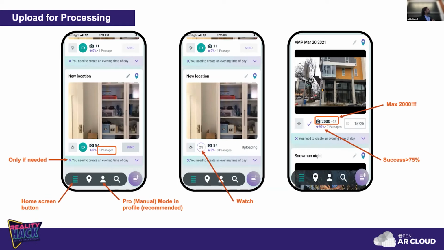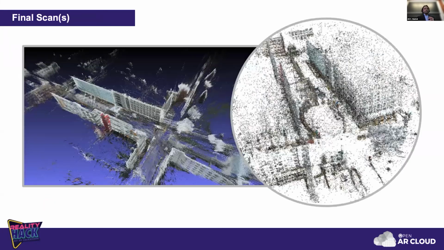You should not be going over a maximum of 2000, and as soon as you upload, you see the success level. If it is less than 75, that's not going to be good, so you will need to scan again. As I said, this is time consuming to learn, but if you want to learn more, please stop by us.